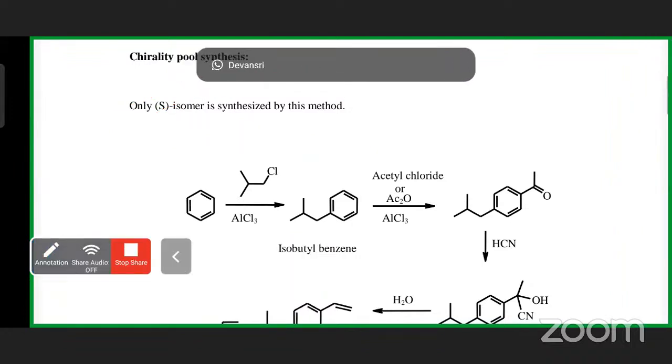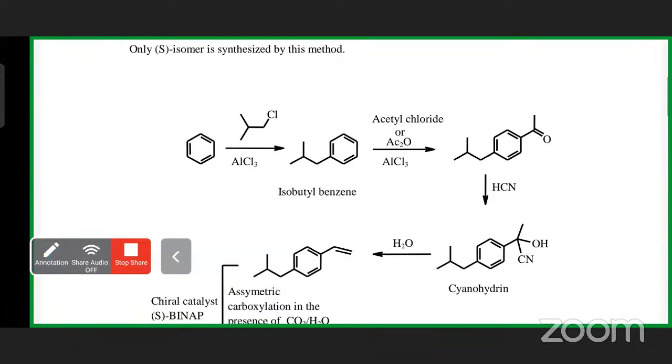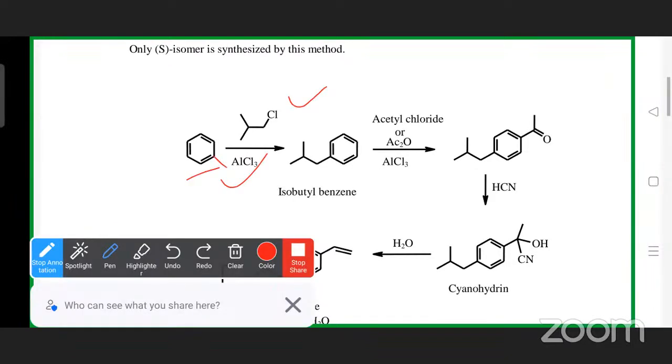Synthesis here is the same, begins with propyl chloride. If this isopropyl group is attached on the benzene here, then it becomes isopropyl.